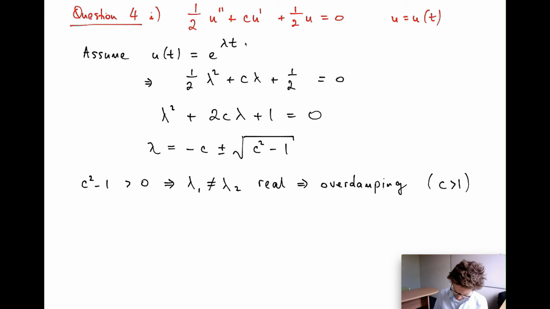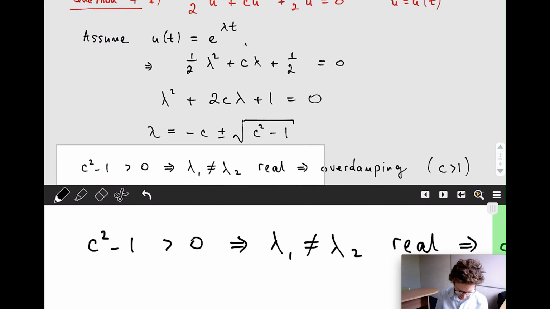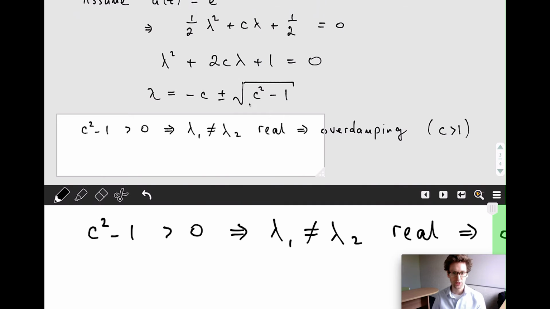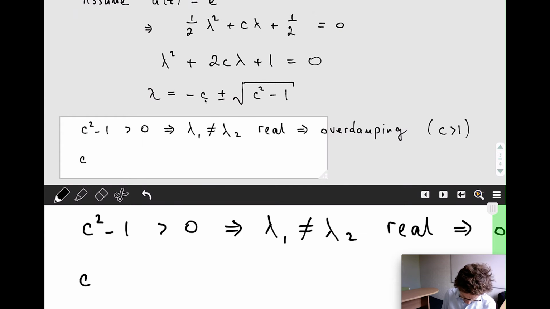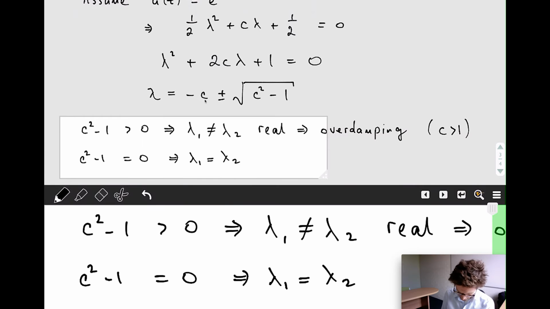So let's take a look at the next possibility, that the square root term actually goes to 0. So if c squared was equal to 1, this term would go to 0, in which case lambda 1 and lambda 2 would both be equal to minus c. So c squared minus 1 equal to 0, which implies that lambda 1 is equal to lambda 2, and those are both real numbers.